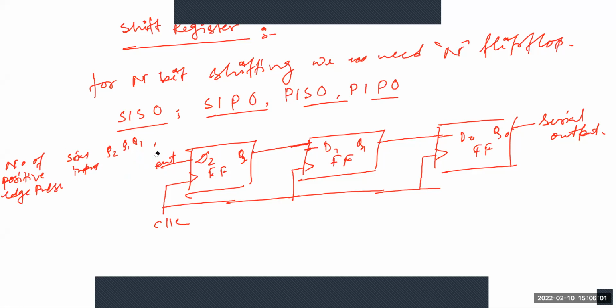I am just erasing these things. This is the serial input. So first I'm giving the clock edge pulses.